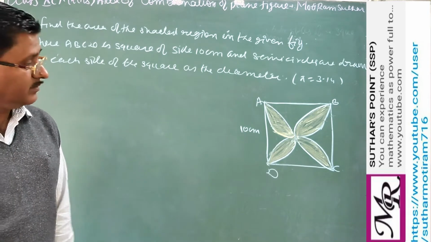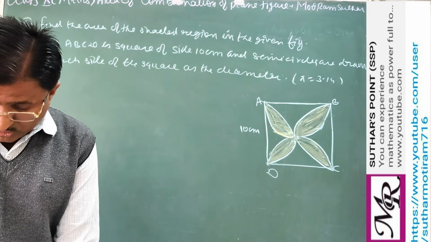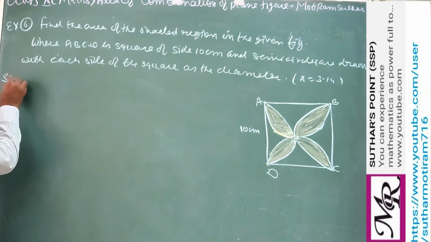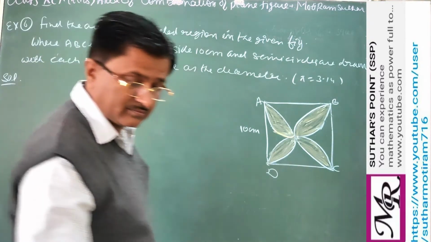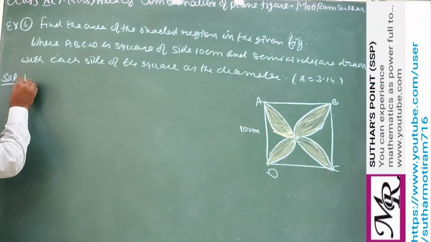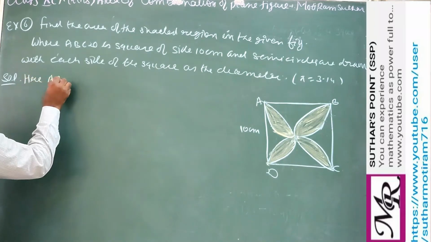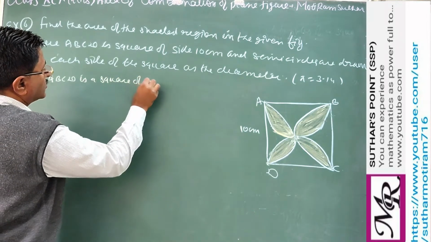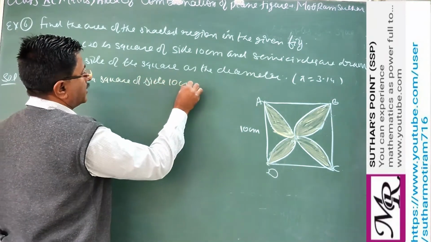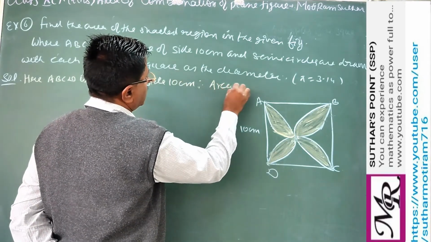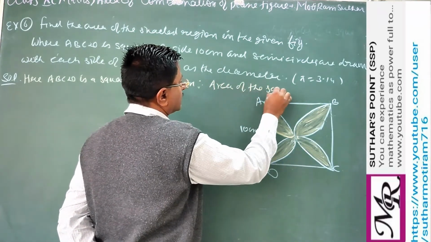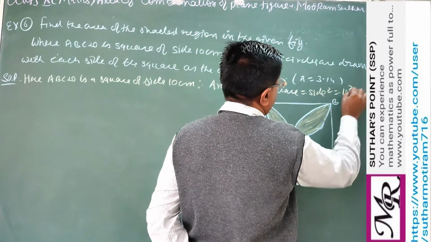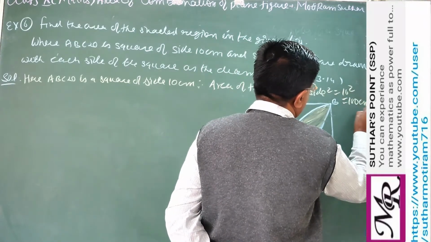So in the solution, you write here: ABCD is a square of side 10 centimeter. Therefore, the area of the square, you know, is side square, that is 10 square, which is 100 centimeter square.